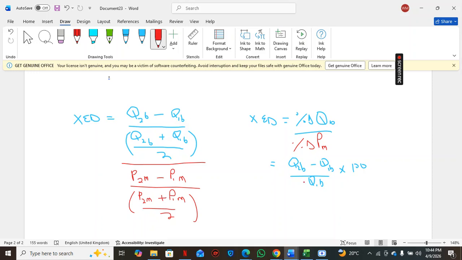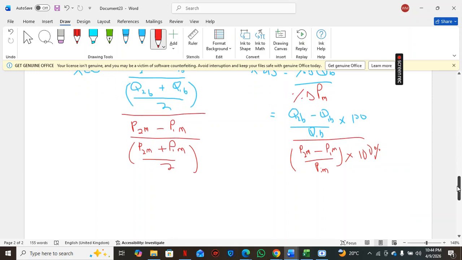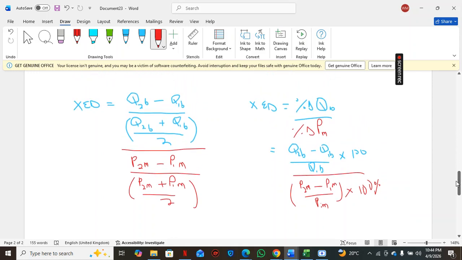Over percent change in price: P2, new price of meat, minus P1, old price of meat, divided by old price of meat, times 100%. Colleagues, it's important you know both approaches so that should you be asked in the exam, you will know how to answer.